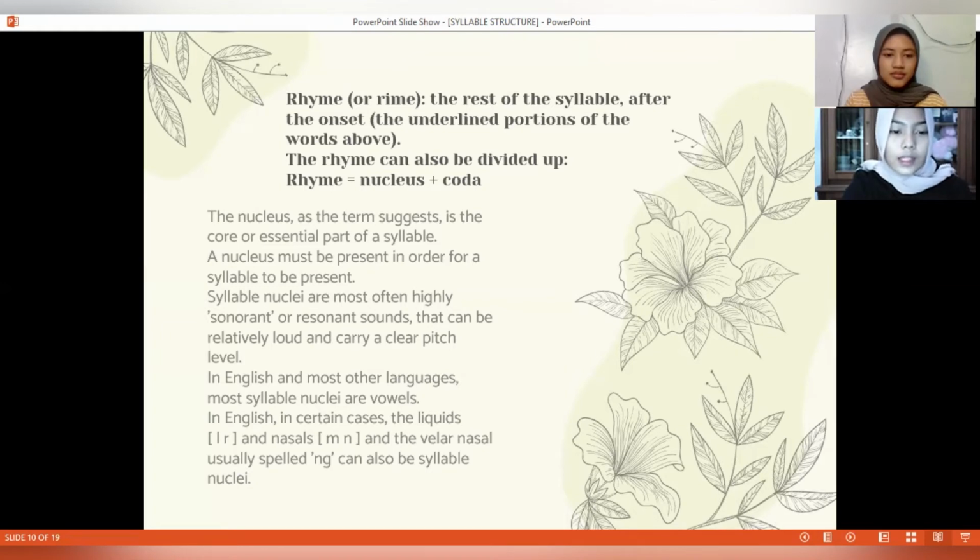In English and most other languages, most syllable nuclei are vowels. In English, in certain cases, the liquids L and R and nasals, and the velar nasal, usually spelled ng, can also be syllable nuclei.